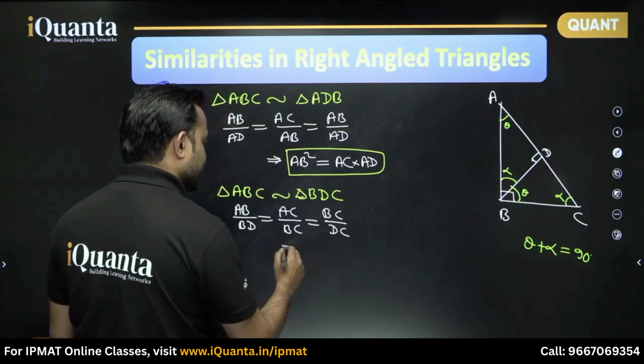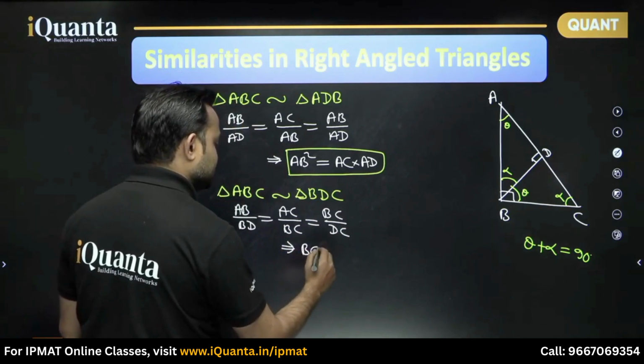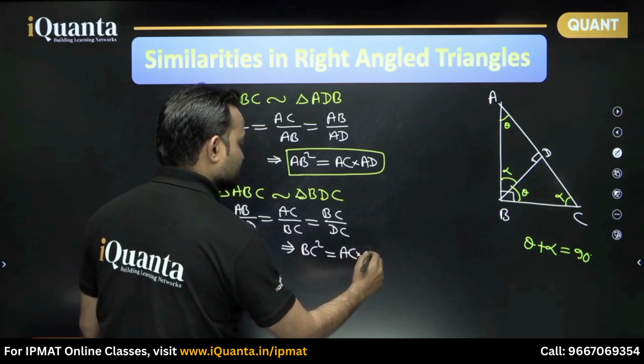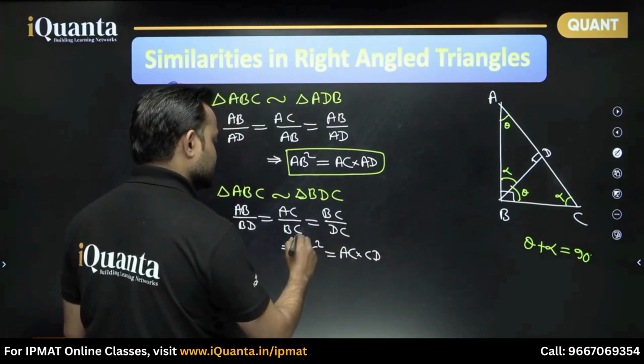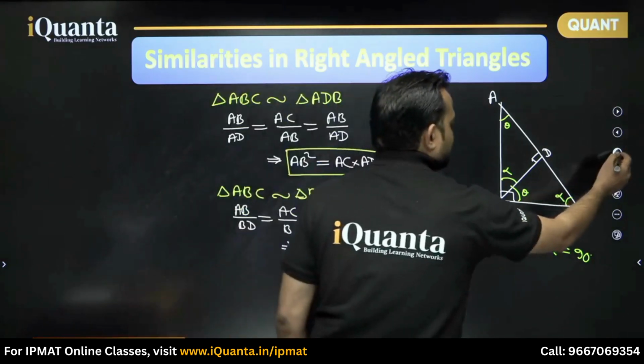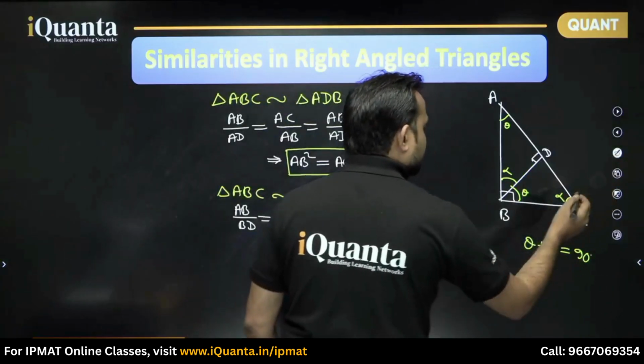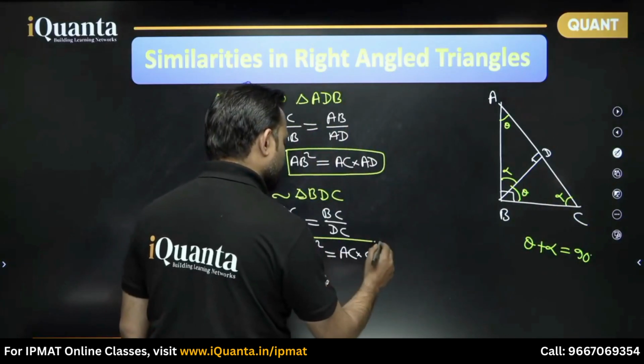So can we say that BC square will be equal to AC into CD or DC, whatever you say, right? Both of them are the same thing. So another result that we got from here.